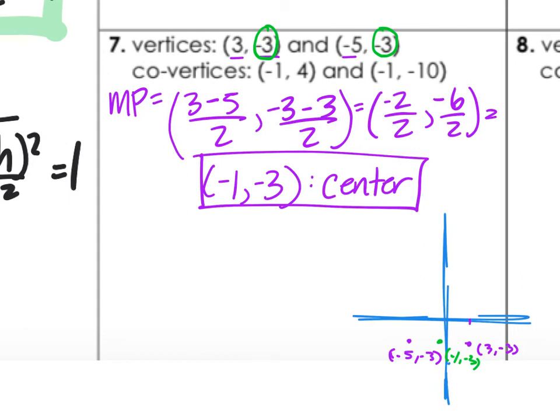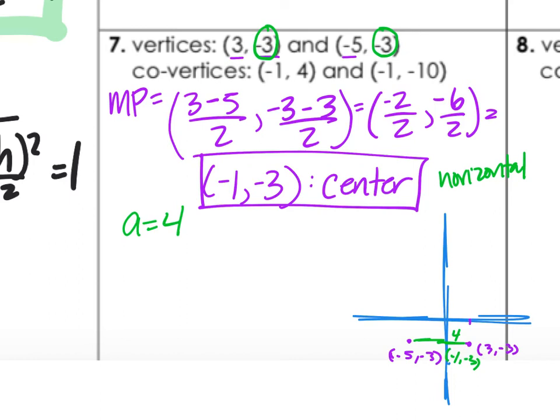So the distance between the center and each one of these vertices is a distance of 4. So that would make a 4. And you can also see here that the hyperbola is going to be horizontal, because you see that line from one vertex to the other is horizontal, which is called your transverse axis.